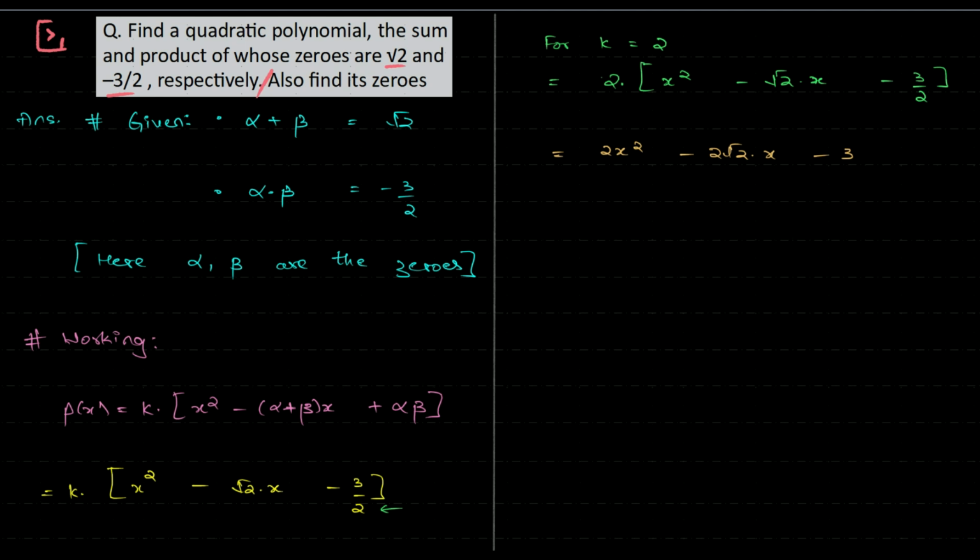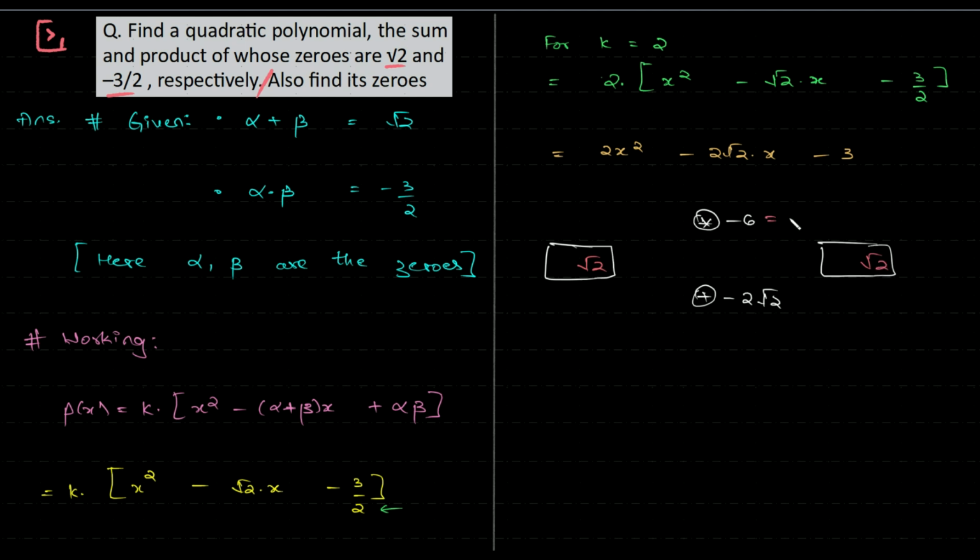Now we can split the middle term. Quite simple. We need two numbers which multiply to 2 into minus 3, that is minus 6, and when added give minus 2 root 2. Since we have root 2 in the middle term, we end up with root 2 in both places.